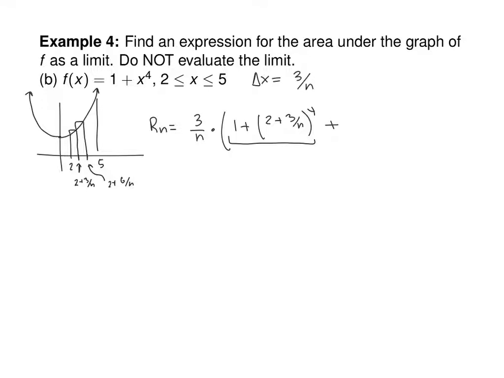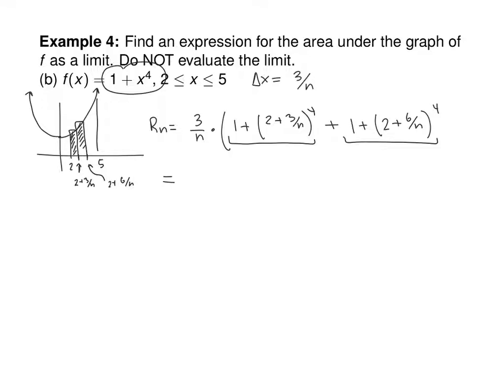Plugging in thing 2 is 1 plus 2 plus 6 over n to the 4th. What's the 1 plus? The 1 plus came from the fact that the function was 1 plus x to the 4th. That's the area of this particular box and this particular box.